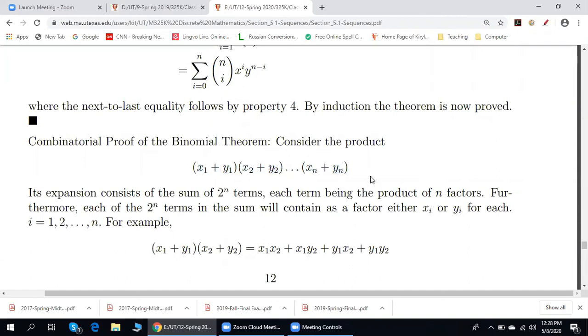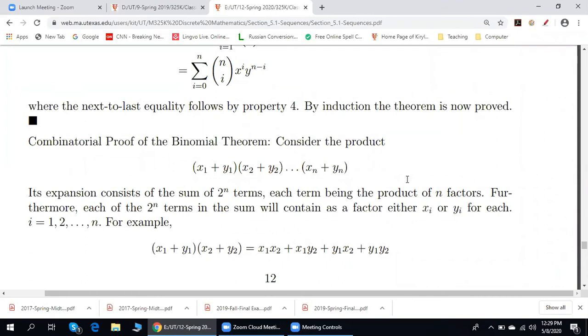If we expand all parentheses, we will have 2 to the nth power terms. For example, if we expand the parentheses here, we have 4 terms. In general, here 2 to the nth power terms. Why? Because each term gets multiplied by 2 terms, but there are n terms, so 2 to the power of n.